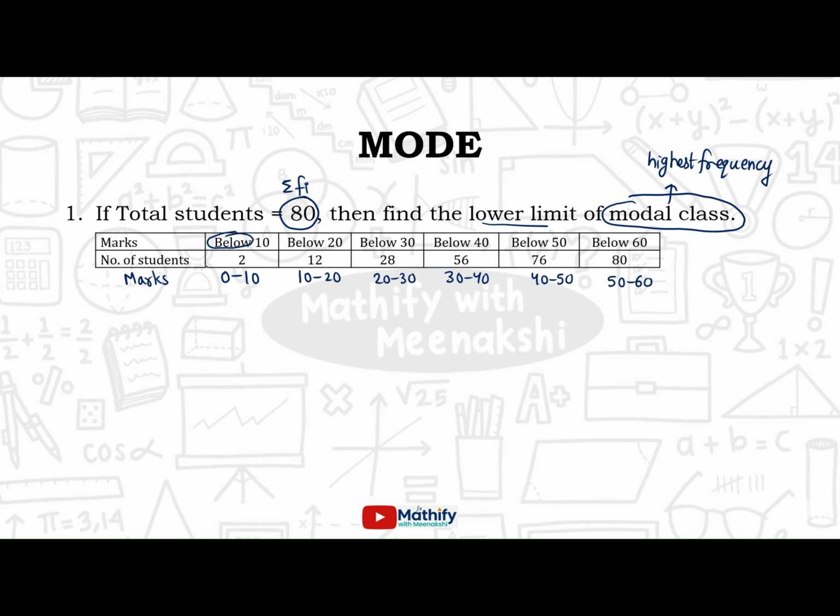Now we'll change the frequencies too, because here the cumulative frequency is given. So let's write frequency now. For frequency, the first one you will write same. In less than type you will write the first same, and in more than type you will write the last same. Now you will simply subtract: 12 minus 2, 10, 28 minus 12, 16, then 56 minus 28, 28, 76 minus 56, 20, and 80 minus 76, 4.